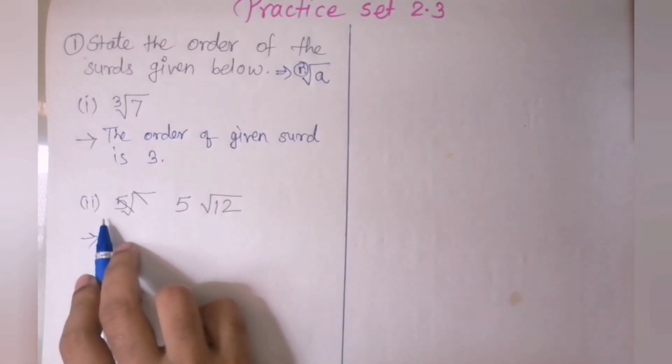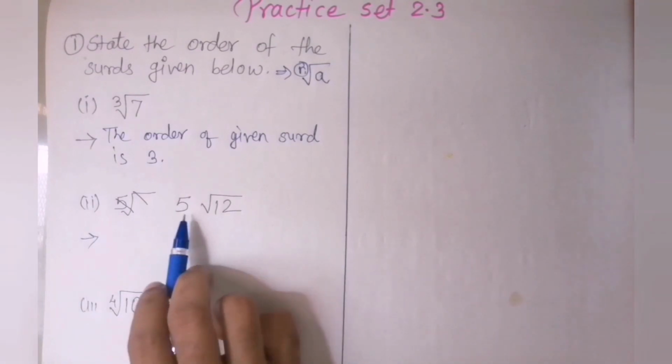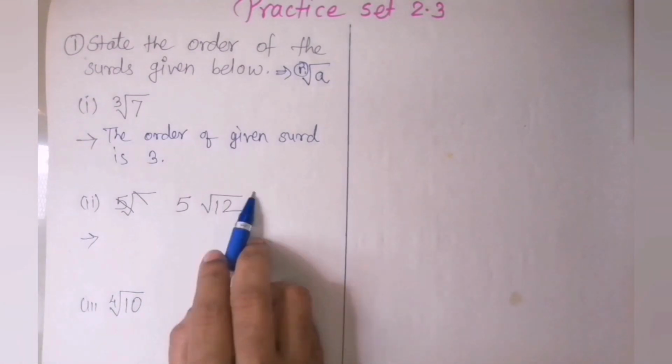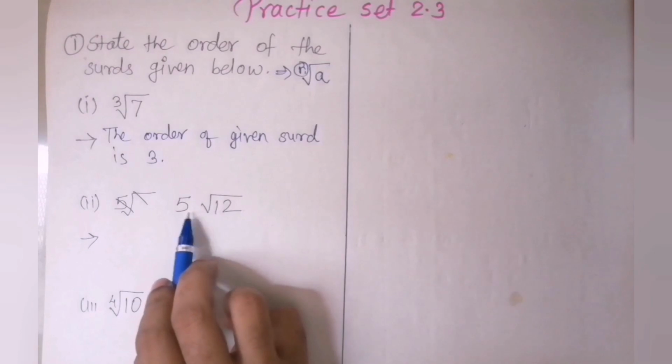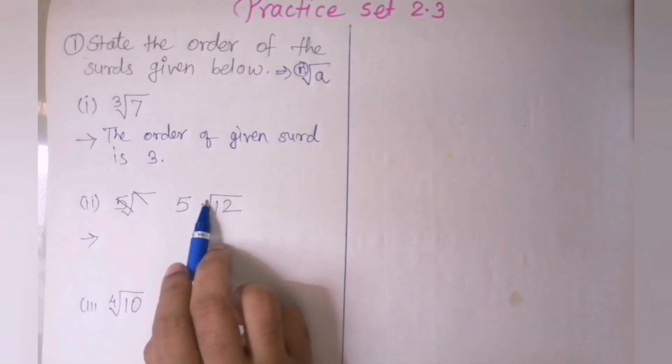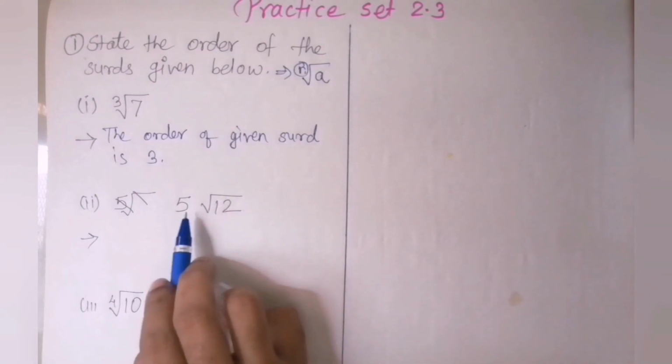Now look at example number 3. The second, we have the 5 root of 12. This 5 is here. If there is no number, that means there is a 2 present. So how do we read this? Square root of 12.